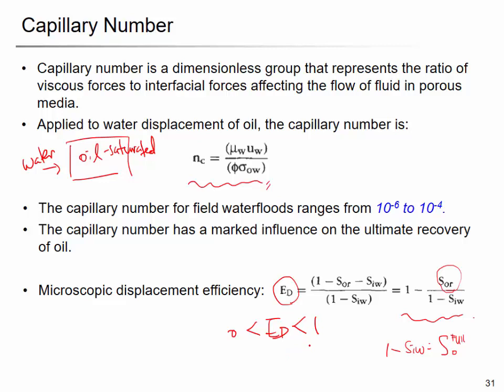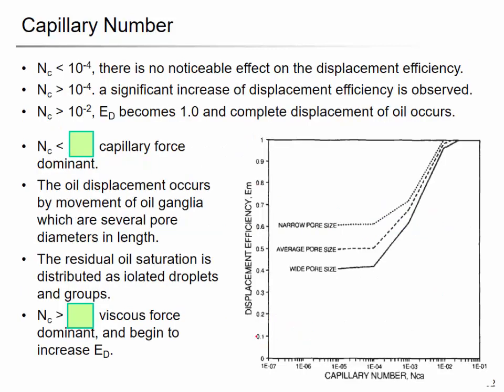So then here, let's look at this graph, displacement efficiency, ED, is about 50%, right? When the capillary number is 10 to the negative 5. So that means that only 50% of the oil in the rock core has been produced.